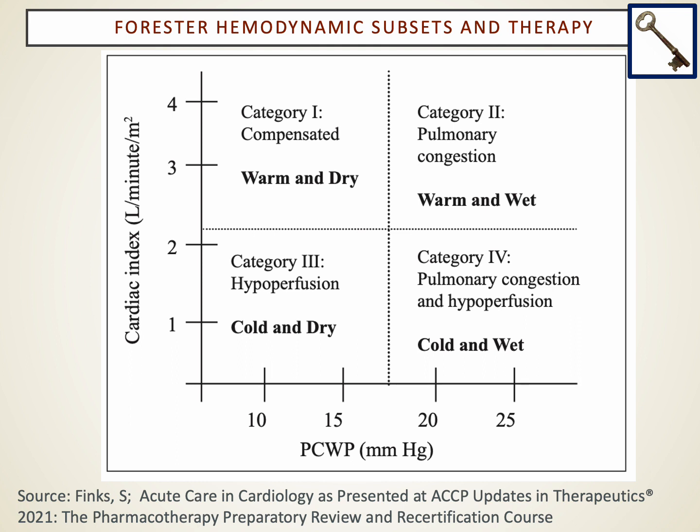And category 4, they're crumped. They have pulmonary congestion and hypoperfusion. It's important for you to understand or appreciate the patient you've got, particularly if they're hemodynamically in tough shape and look as though they are in an acute decompensated state, because knowing where they are in this, you kind of know what to do.